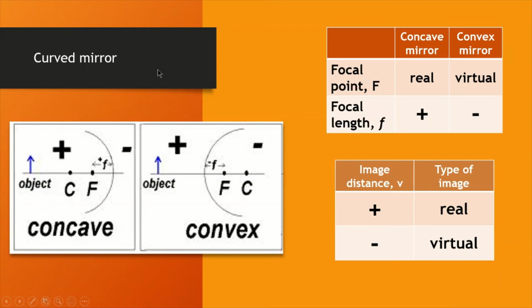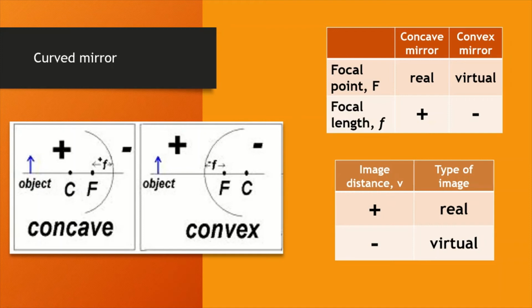Okay, so for curved mirrors, there are two types, concave mirror and convex mirror. For the concave mirror, we can see that the focal point and the center of curvature are in front of the mirror. So this gives us a real focal point, because light that is parallel will all be reflected towards this F. Now we have learned this from the previous video.